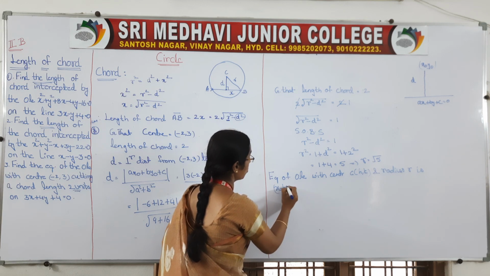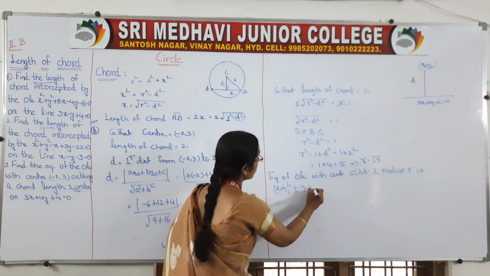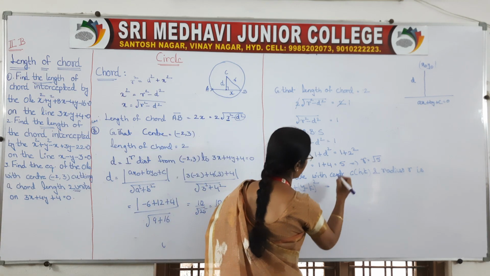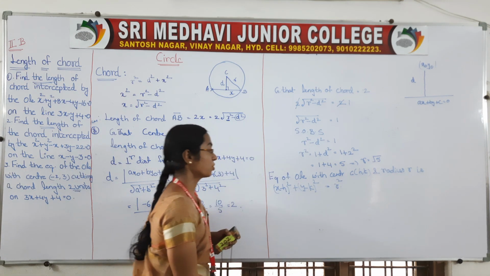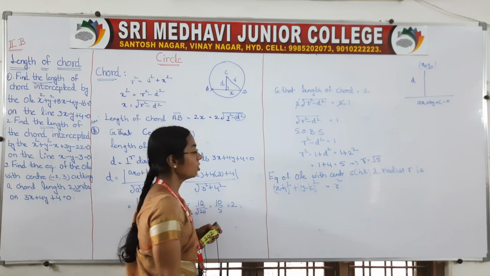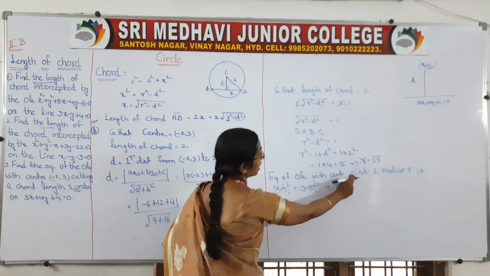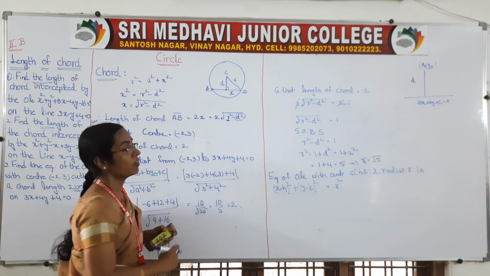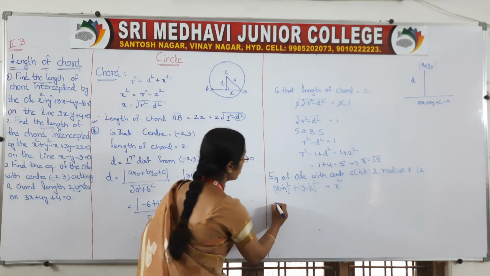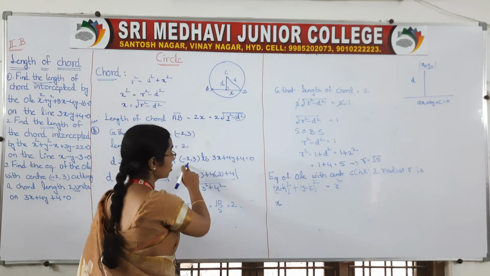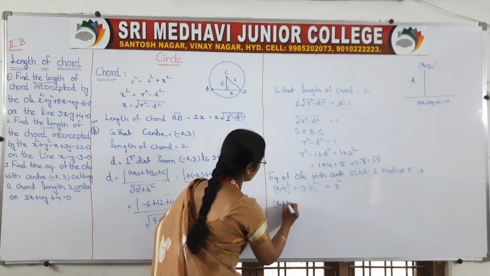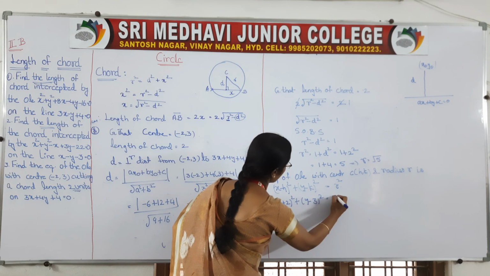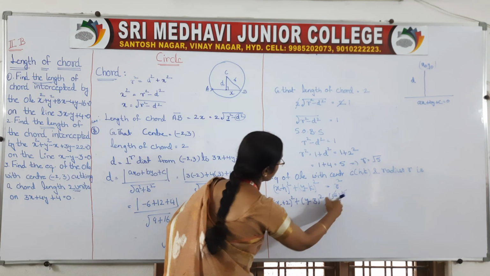X minus h whole square plus y minus k whole square is equal to r square. I think till now you know all the formulas of standard form. Your center (h, k) is (-2, 3) and your radius is root 5. So we substitute: x minus of minus, that is x plus 2 whole square, plus y minus 3 whole square is equal to root 5 whole square.